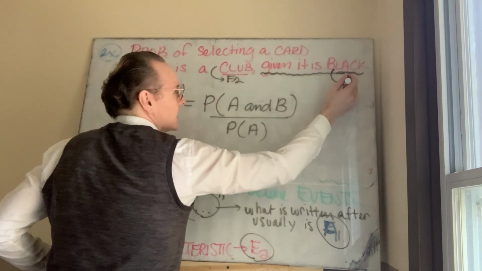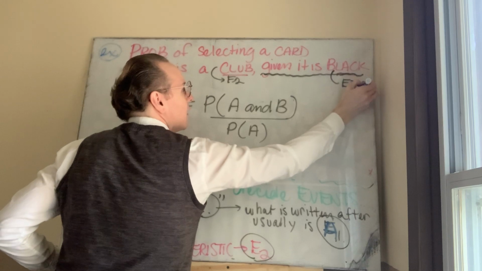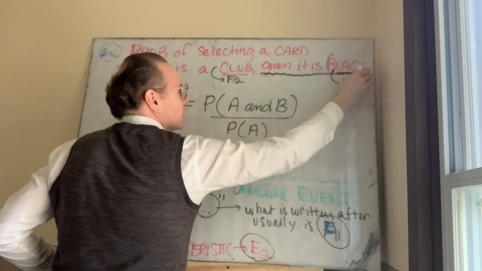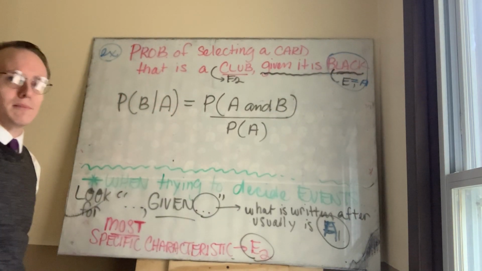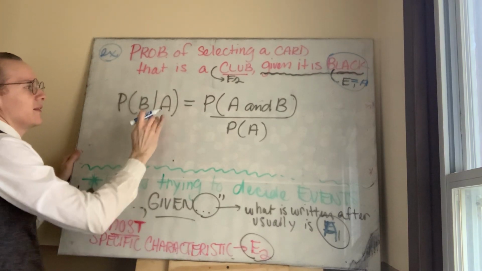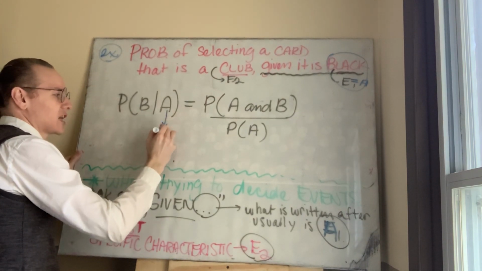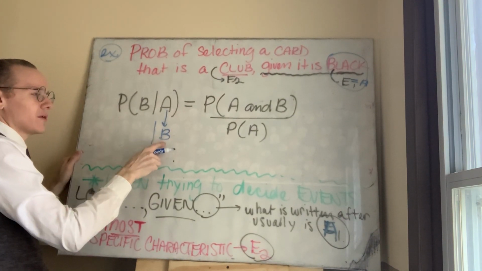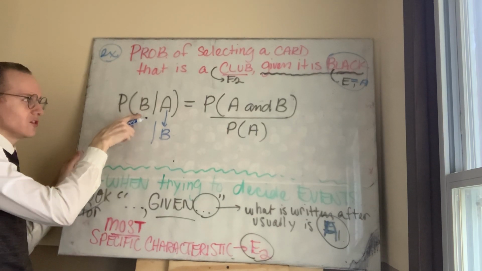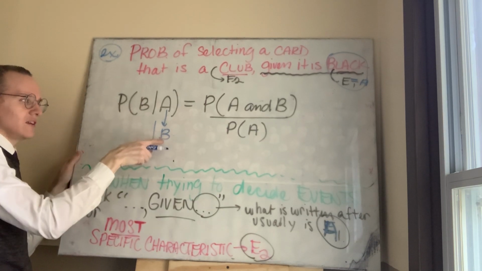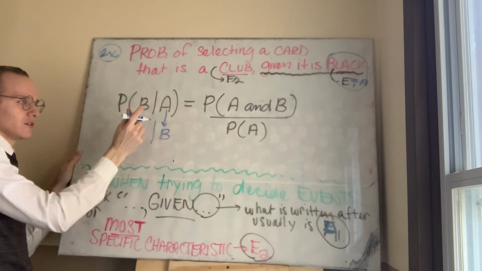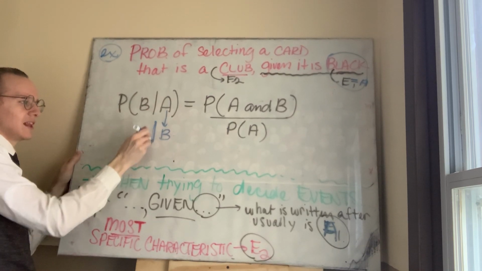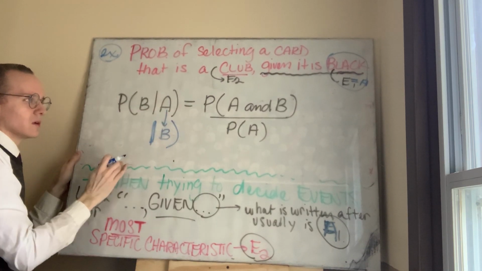If we're deciding that black represents E1, that's the same as saying black represents A. That means that black is actually here. It's not referring to it as the second characteristic, which is the job of B here. It's saying that this is the first characteristic, the more general, the less specific, all right?